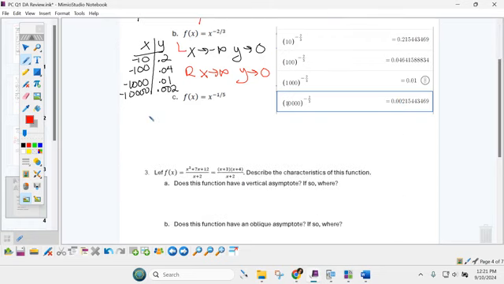All right, let's try one more. Left end behavior. Right.